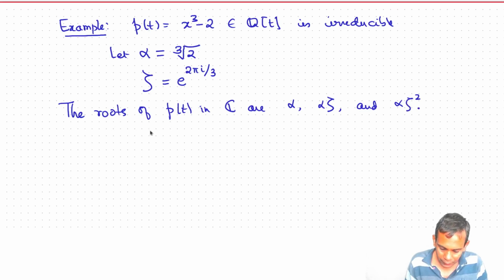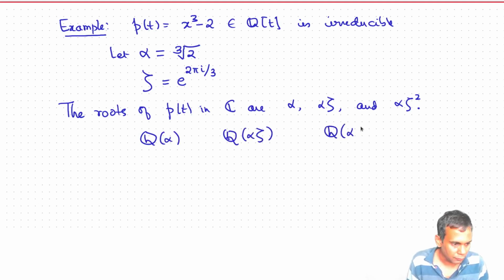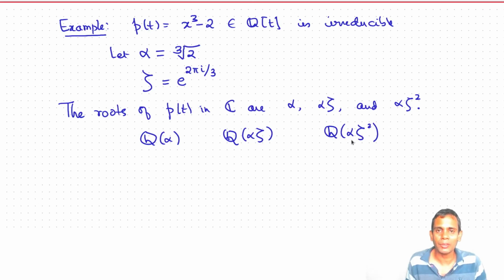So we have three fields. We have Q(alpha), Q(alpha zeta), and Q(alpha zeta squared). And each of these elements, alpha, alpha zeta, and alpha zeta squared, they all have the same irreducible polynomial over Q, namely x cubed minus 2.